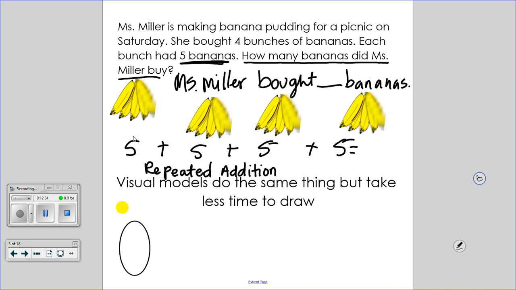So Elliot is 100% right. This looks a lot like what we just did with skip counting. But when I put my addition signs in there, it changes from skip counting to an actual equation, and we call it repeated addition. Which makes sense because I'm doing addition over and over again. I'm repeating my addition problem.